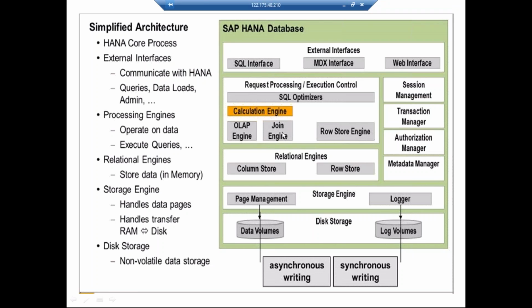The join engine is responsible for processing the attribute views. The OLAP engine is responsible for processing the analytic views. And the calculation engine is responsible for processing the calculation views. So three types of views, and for processing, three types of engines.